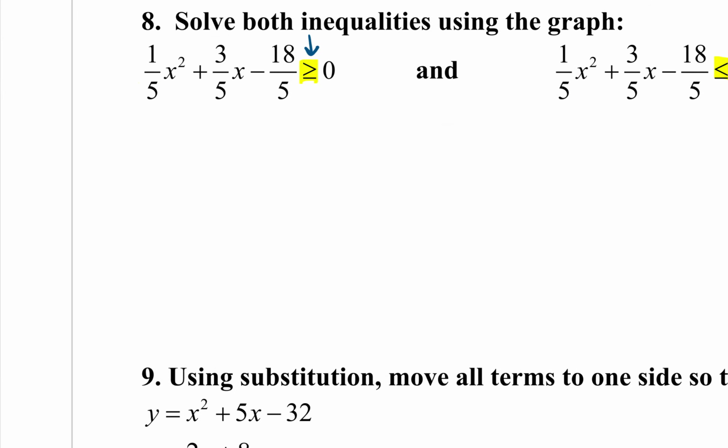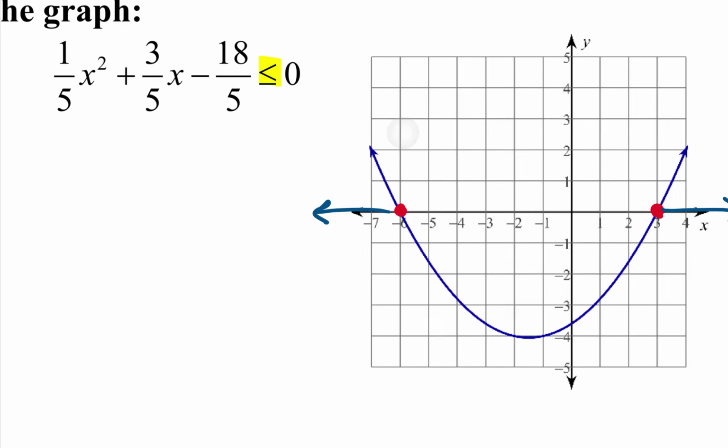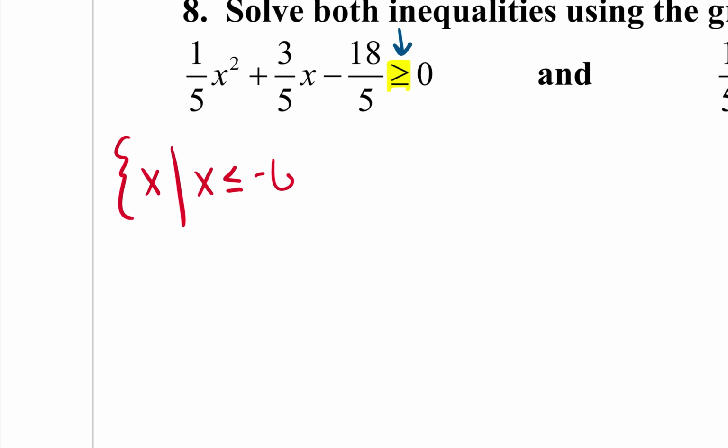So to write an answer for a left or right answer, I'm going to have my fancy bracket, right? The set of x such that x is less than or equal to my left number, which is negative 6, or x is greater than or equal to my right number, which is 3.